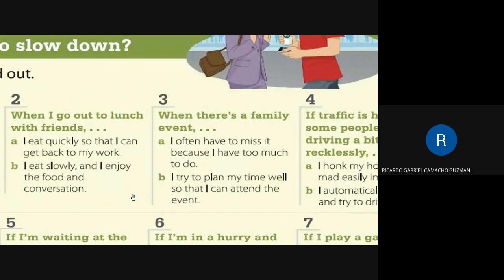It's more that I like to enjoy the food. Whenever I am eating something, I eat slow, but not very slow. I try to enjoy the food because food is life, and the ones that have seen me know I am like a little fatty. So yeah, you can say that I like to eat. But what about you? When you go out to lunch with friends, do you eat quickly or slowly?